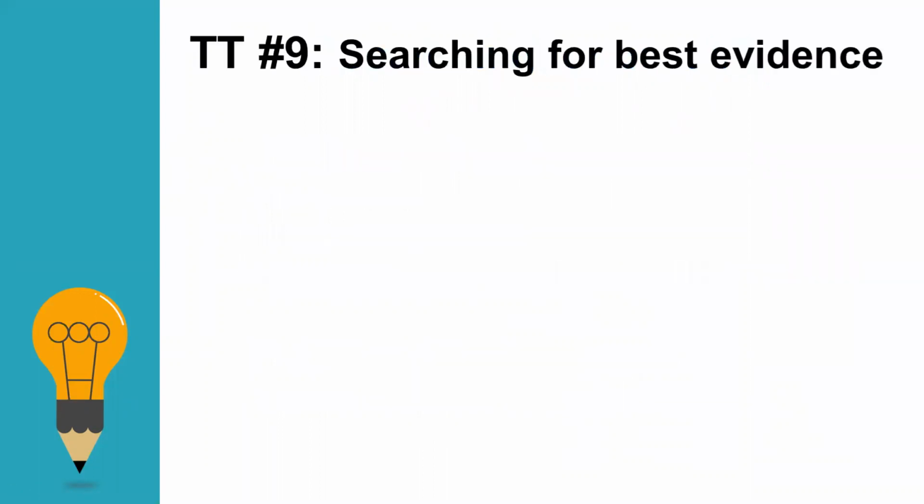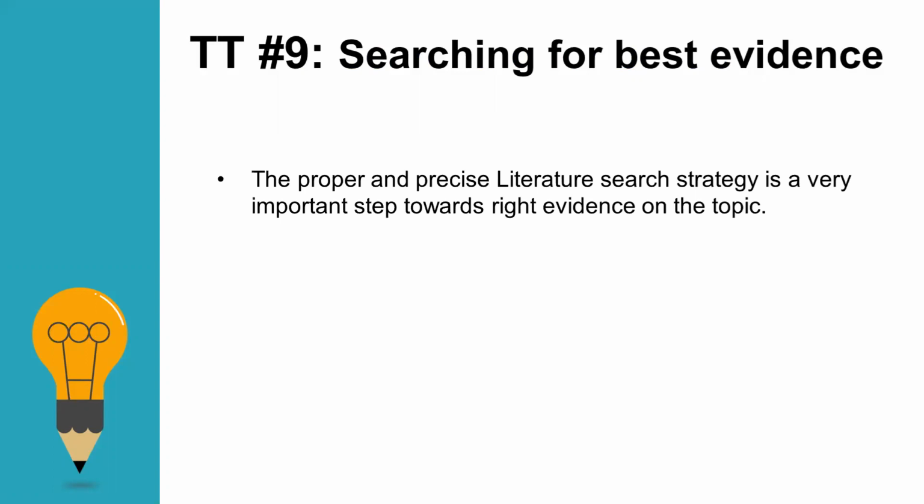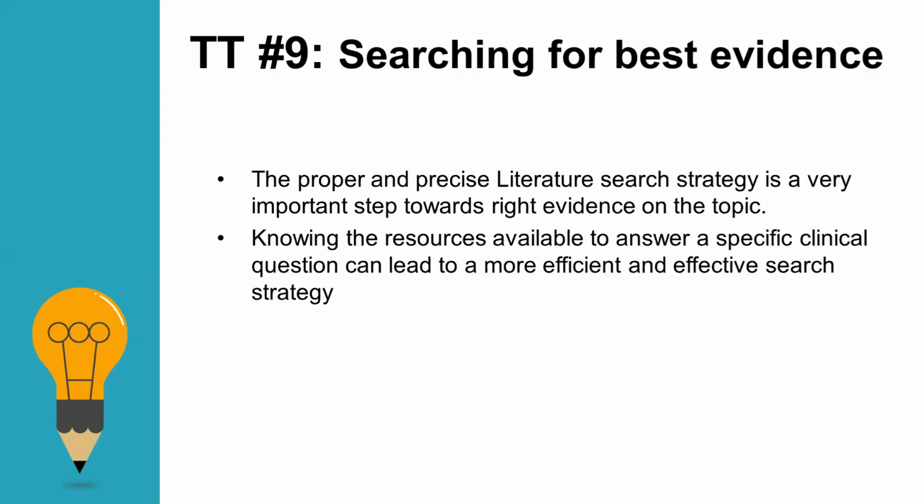The other trick is understanding how to search for best evidence. Why search for best evidence? A proper and precise literature search strategy is a very important step towards the right evidence on the topic. Knowing the resources available to answer a specific clinical question can lead to a more efficient and effective search strategy.